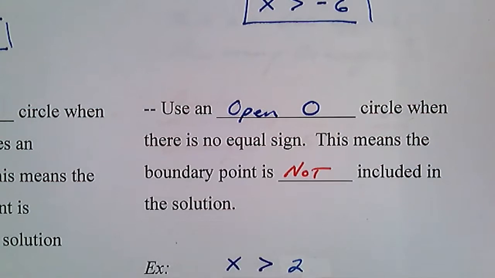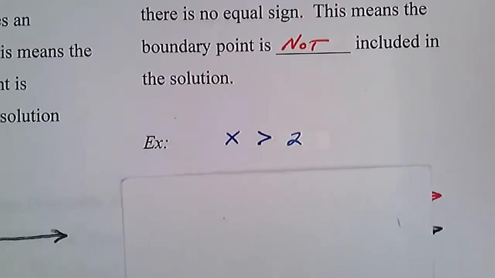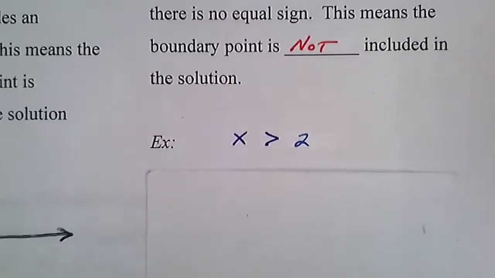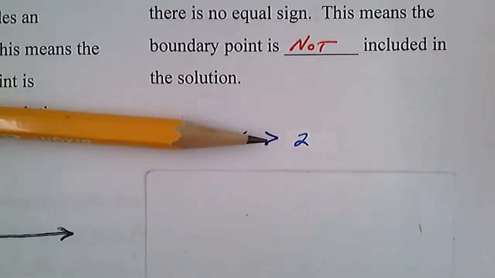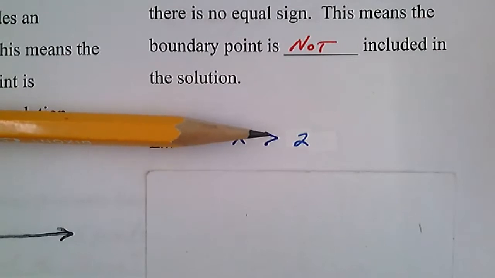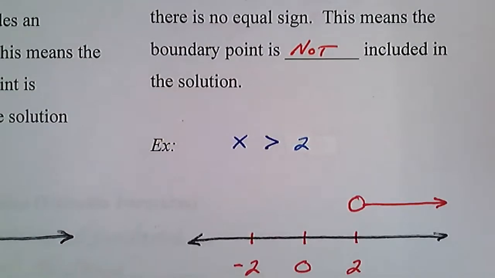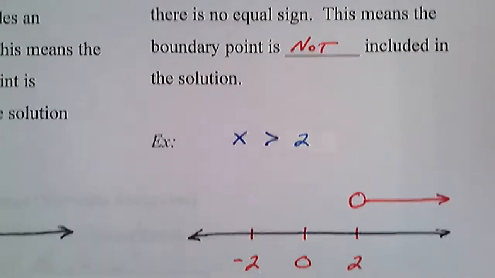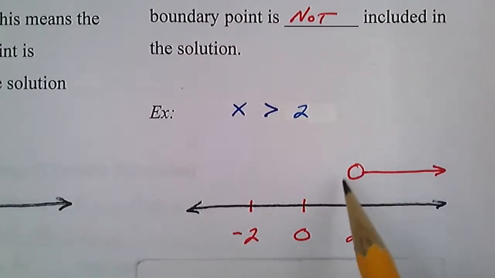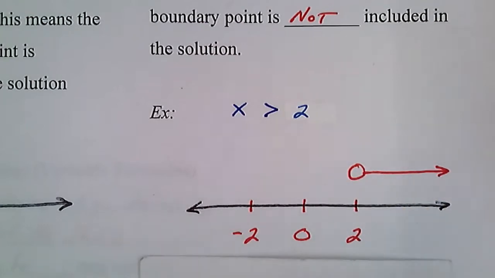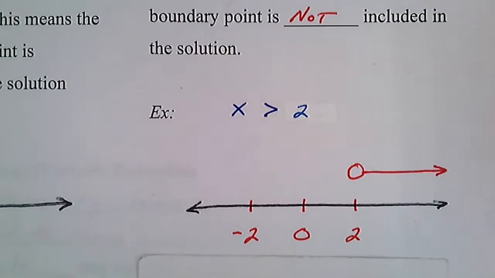Here would be an example. x is greater than 2, so we want to draw that graph going to the right. Open circle, boundary point is on 2, open circle going to the right. We want everything bigger than 2.